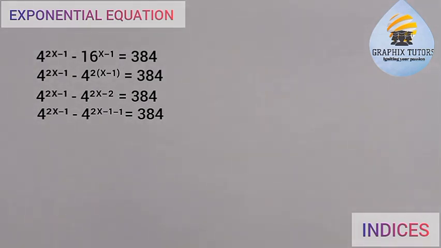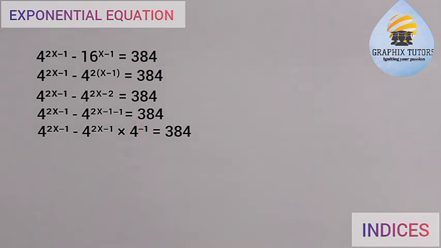Now, in indices, if I write this equation again, I'll have 4 to the power of 2x minus 1, minus 4 to the power of 2x minus 1 times 4 to the power of minus 1, equals 384. You'll be surprised why I wrote 4 to the power of minus 1 from the expression above.